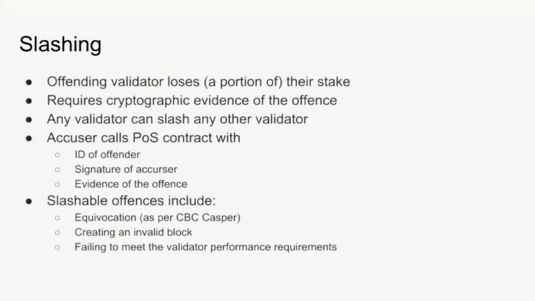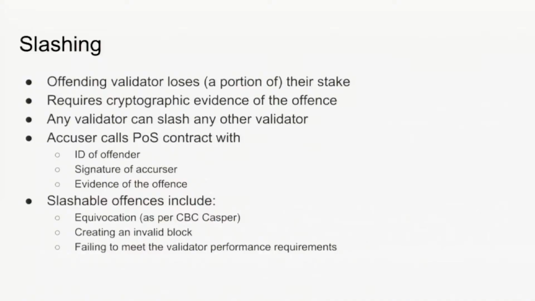Slashing is interesting because a portion of that verification will be done not in Rholang, but the actual signature and purse distribution, whatever we decide on, will be in the blockchain. So the validator will be required to have cryptographic evidence of the offense. Any validator can slash any other validator. Offenses include equivocation, creating an invalid block, and failing to meet the performance requirements.